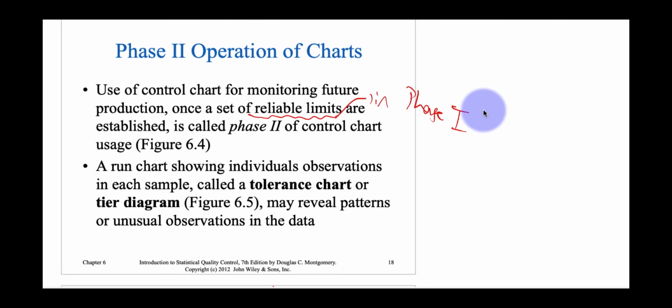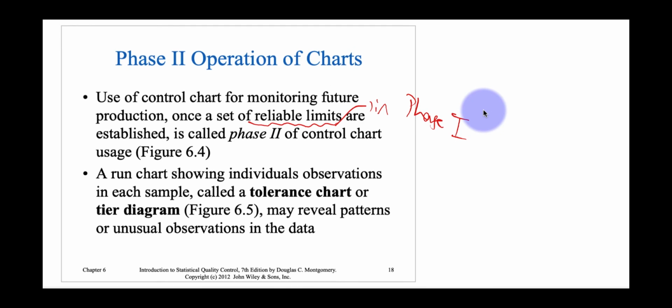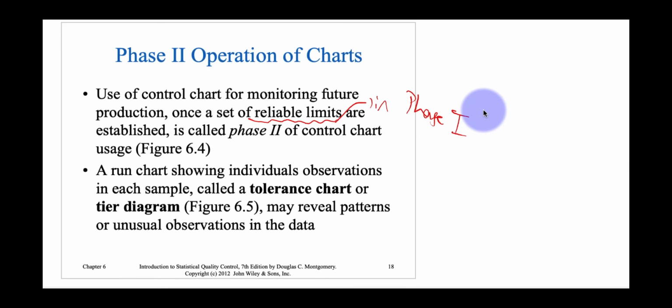So in phase 2, we have talked about phase 1, the trial control limits. In phase 2, we use the control chart for monitoring purposes. So we are monitoring the process, and because we have somewhat reliable control limits, we do not have as many assignable causes as in phase 1.